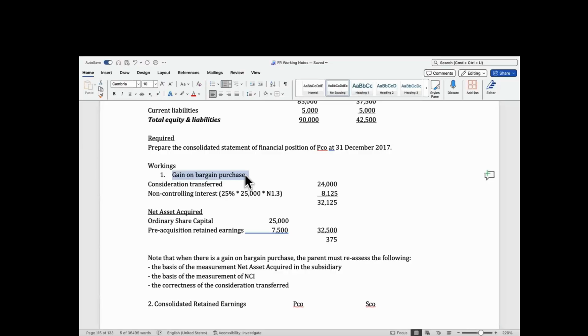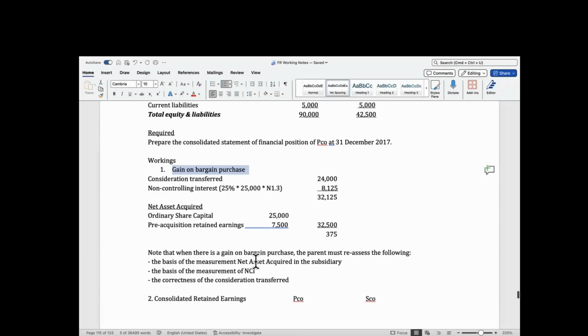Okay. So whenever this happens, IFRS 10 requires the parent to do some reassessment. The parent needs to do some checks. He needs to check that he has actually measured the net asset of the subsidiary very well. Are they all at fair value? You will recheck those measurements. We would also check the basis of how he has measured NCI, that there are no mistakes.